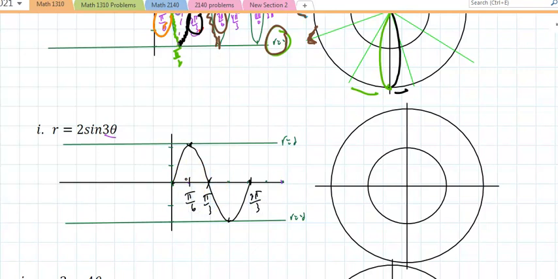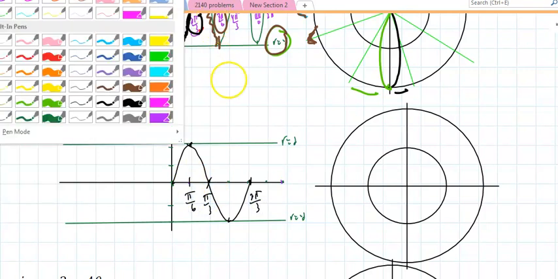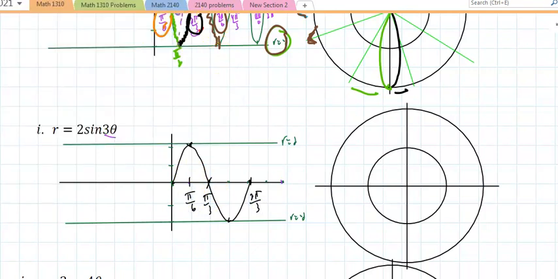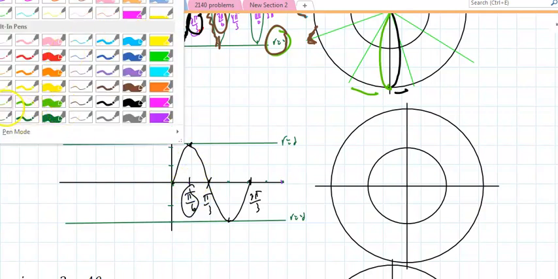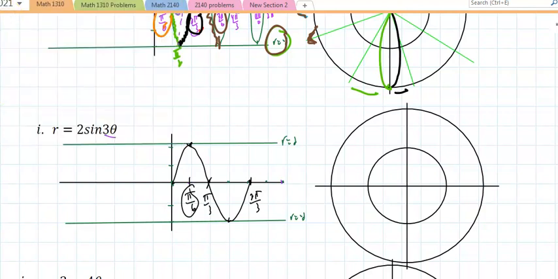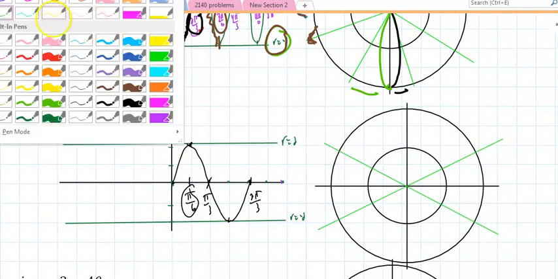This is all I need. All I need is the pi over 6, and I should label the pi over 6's. There's a pi over 6 right there, and there's a pi over 6 right there. That's all I need. And watch how this works.